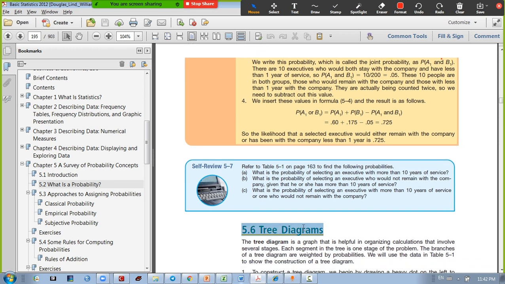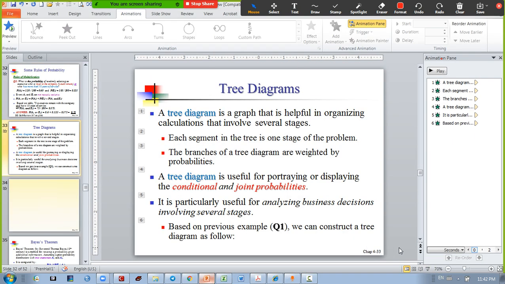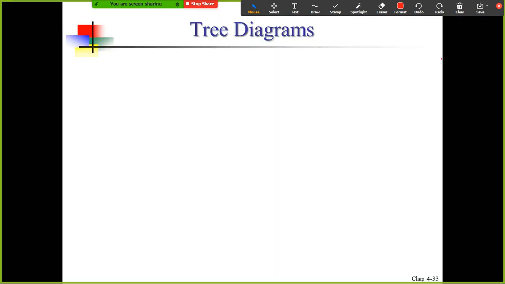Next, we will go to tree diagrams. Okay, we can go to tree diagrams. What does it mean? A diagram is like a tree. So we have a tree, we have a stem, we have a branch, we have a leaf, something like this.